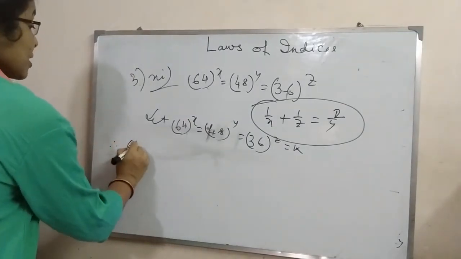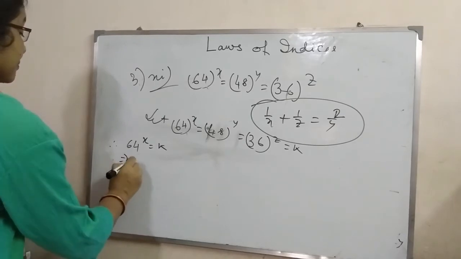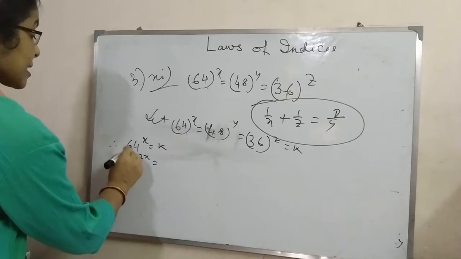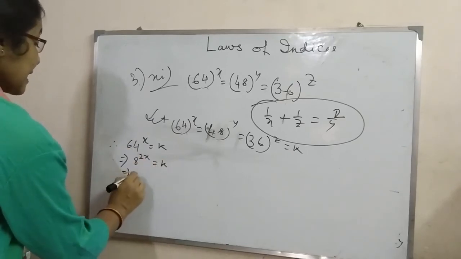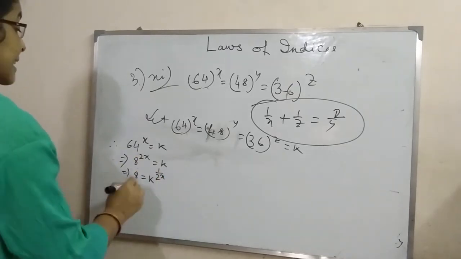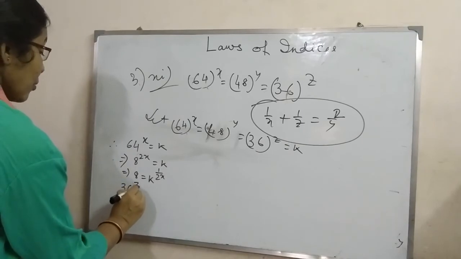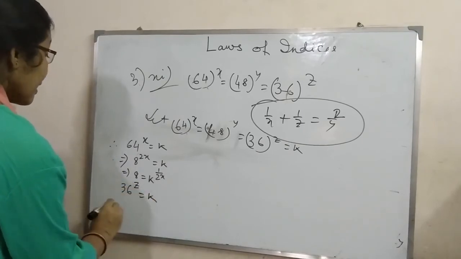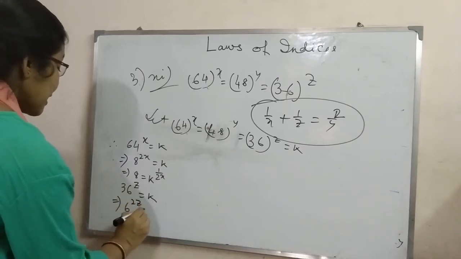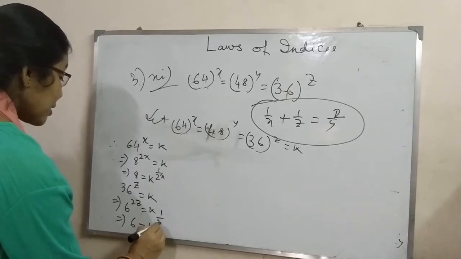So 64 whole to the power x equal to k, that is 8 square means 64, so 8 equal to k to the power 1 by 2x. And second thing is 36 whole to the power z equal to k, and 6 to the power 2z equal to k, that is 6 equal to k to the power 1 by 2z.